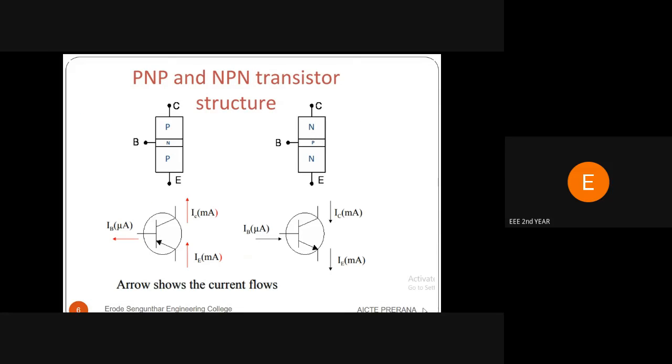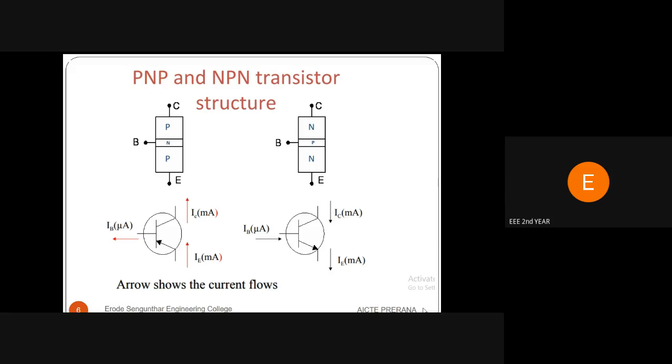The figure shows the structure and symbol of the PNP and NPN transistors. In the structure of both transistors, each has three terminals, emitter, base, collector, three regions, emitter region, base region, collector region, and two junctions, emitter-base junction J1 and collector-base junction J2.